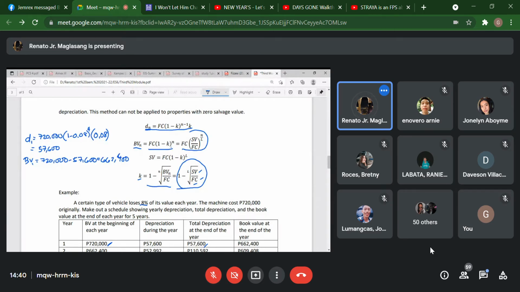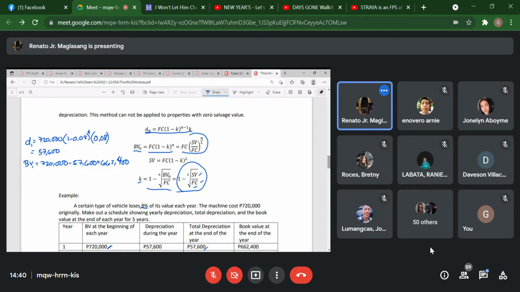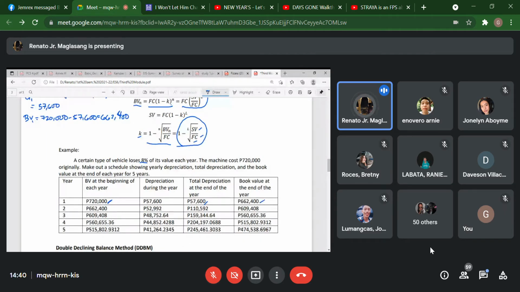Then the book value at the end of the first year will become the book value at the beginning of the second year. So this will be the value used in substituting for this equation.